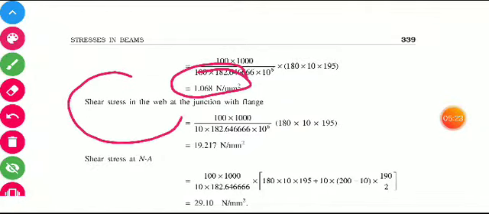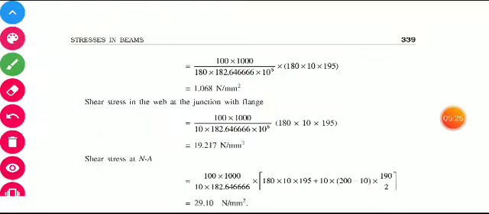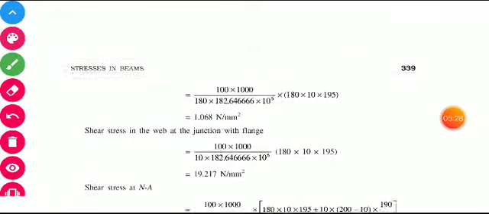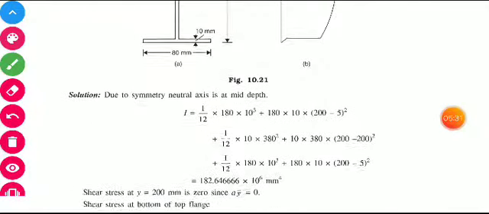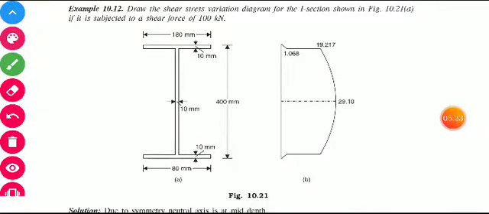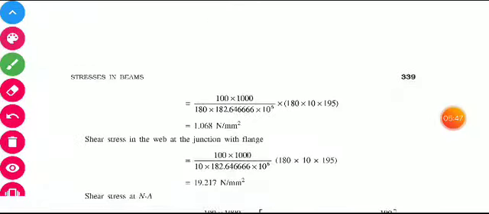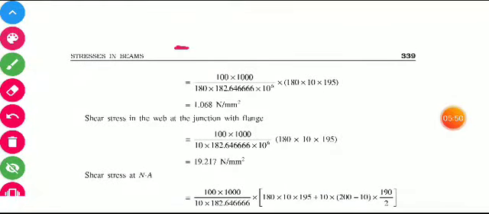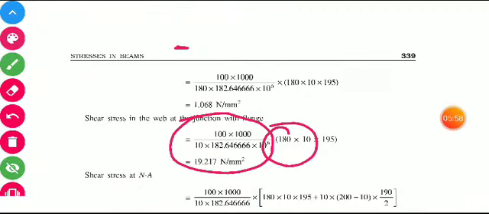In the same way, we calculate the shear stress distribution in the flanges. Now we want to calculate the shear stress on the web at the junction with the flange, that means this point. At the junction, or the top of this web, the value is constant. The area is again 180 into 10 and y bar 195.